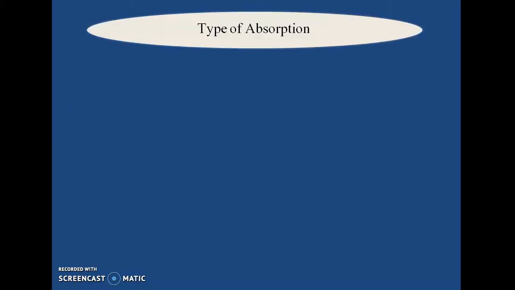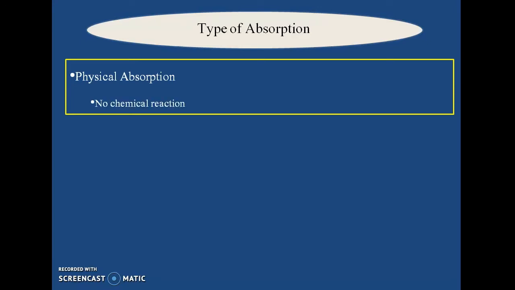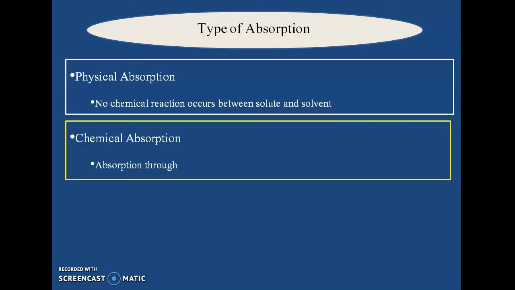Let's see types of absorption. Physical absorption, in which there is no chemical reaction between solute and solvent; the absorption takes place only on physical basis. Whereas in chemical absorption, the absorption happens through chemical reaction. What are the equipment available for absorption?